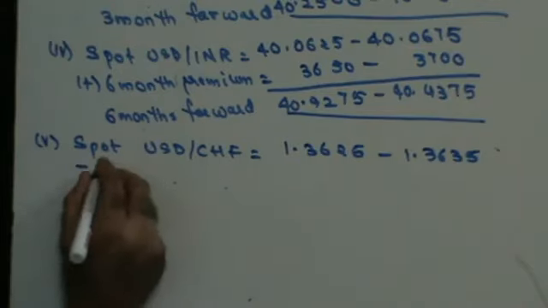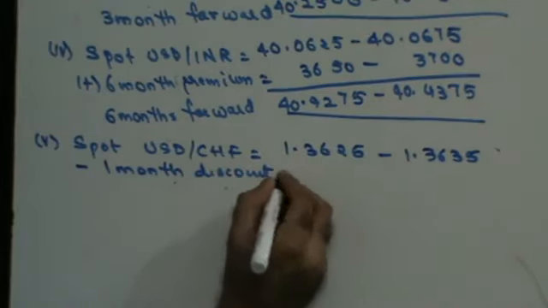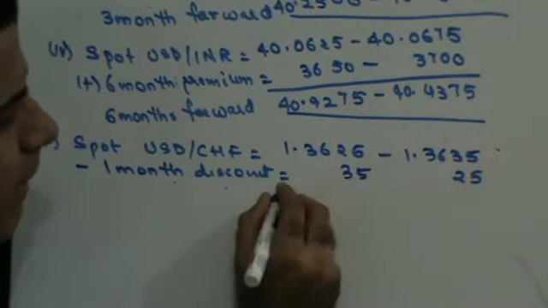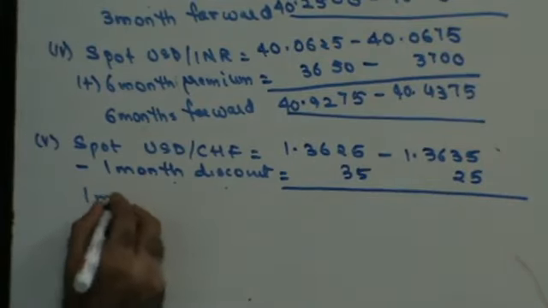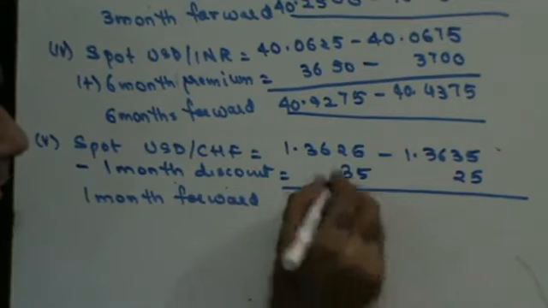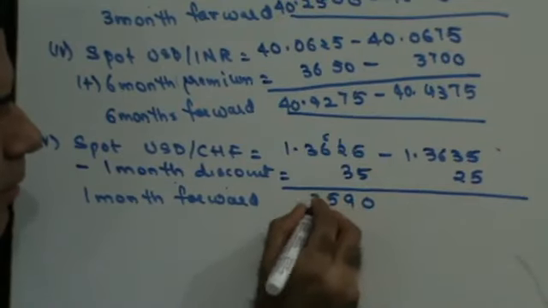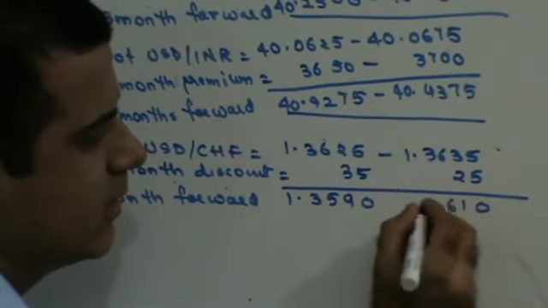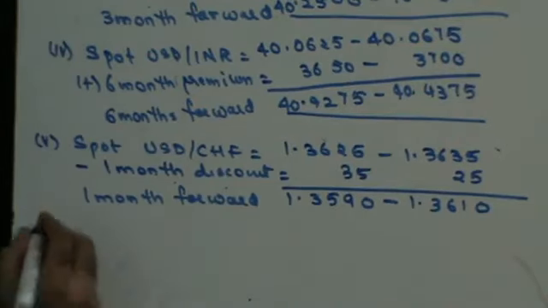So you will say less 1 month discount. 1 month discount is 35 and 25. So subtract this, that will give you 1 month forward: 1.3590, 1.3610. So that is going to be my 1 month forward.